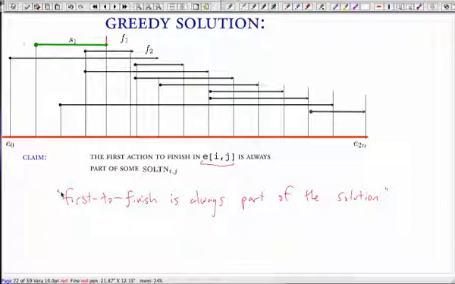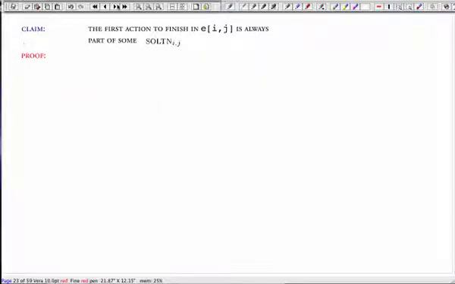Seems like an intuitive thing. But let's actually try to prove that the first to finish is always part of the best solution.